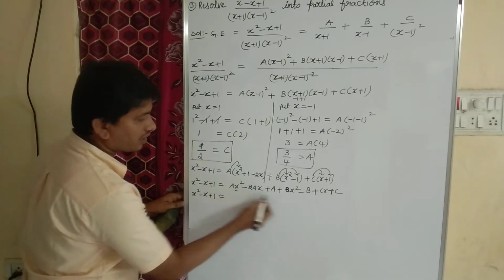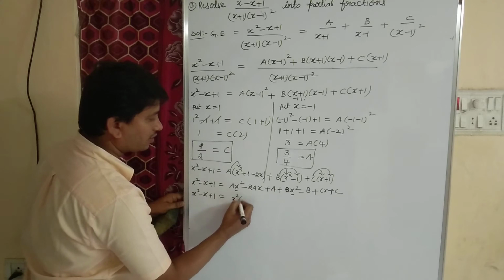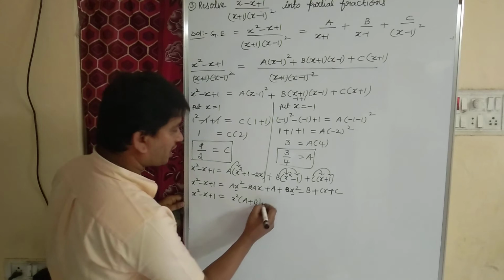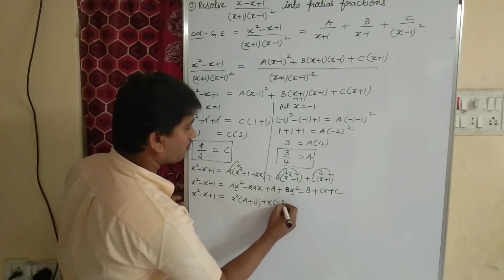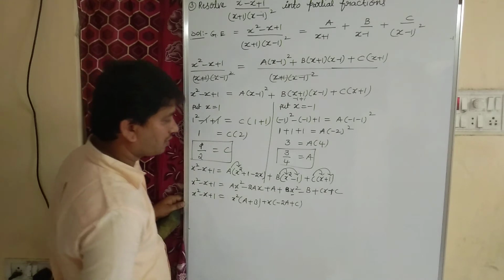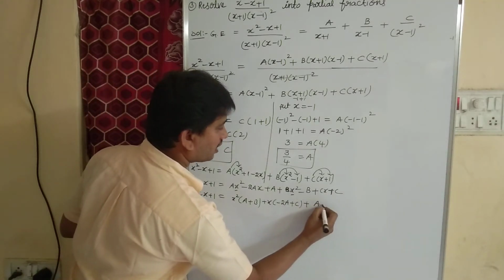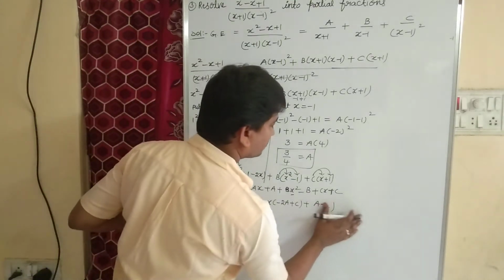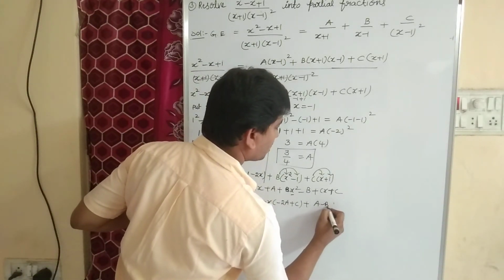If I take x square common, what I will get? A plus b. If I take x as common, I'll get minus 2a plus c. Now the constant is a minus b plus c.